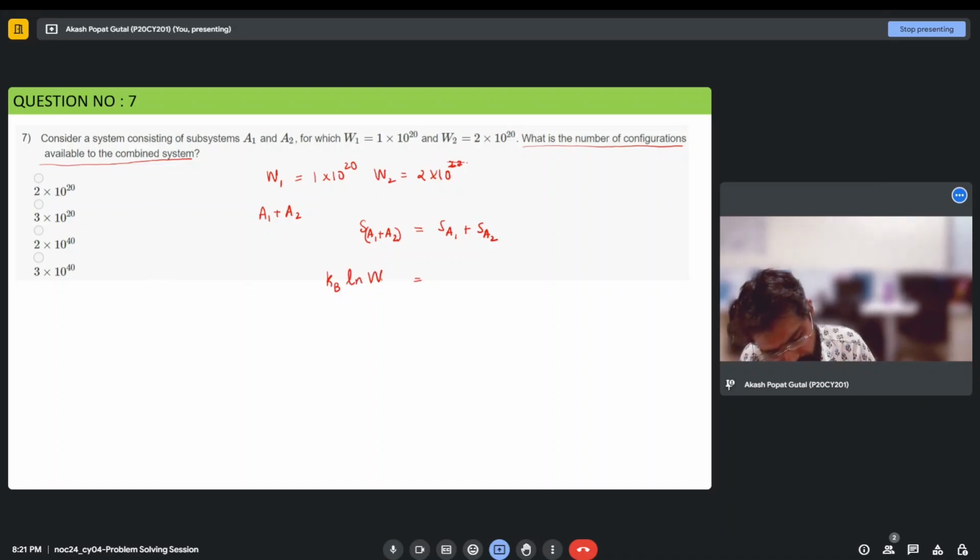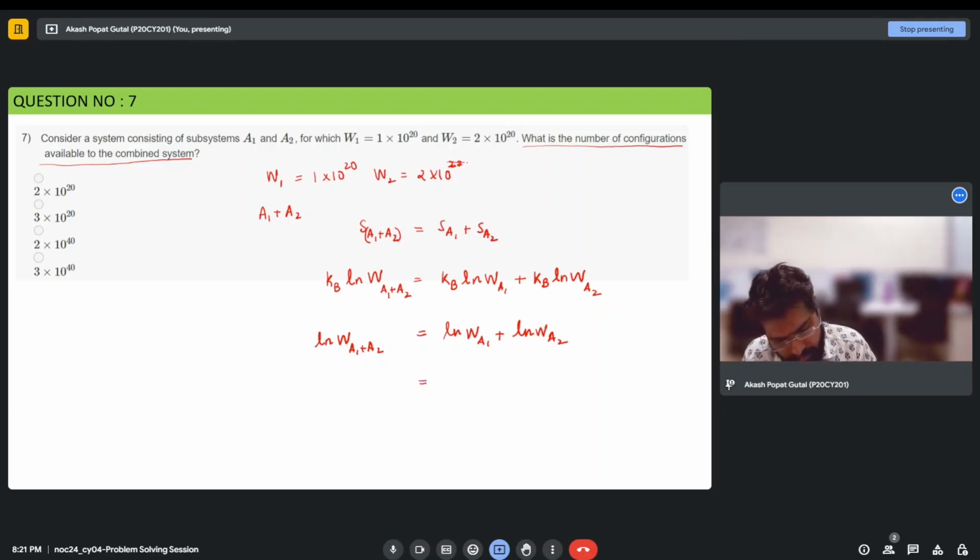ln W of A1 plus A2 is nothing but KB ln WA1 plus KB natural log of WA2. KB gets cancelled, where I have natural log of WA1 plus A2 is nothing but ln WA1 plus natural log of WA2.